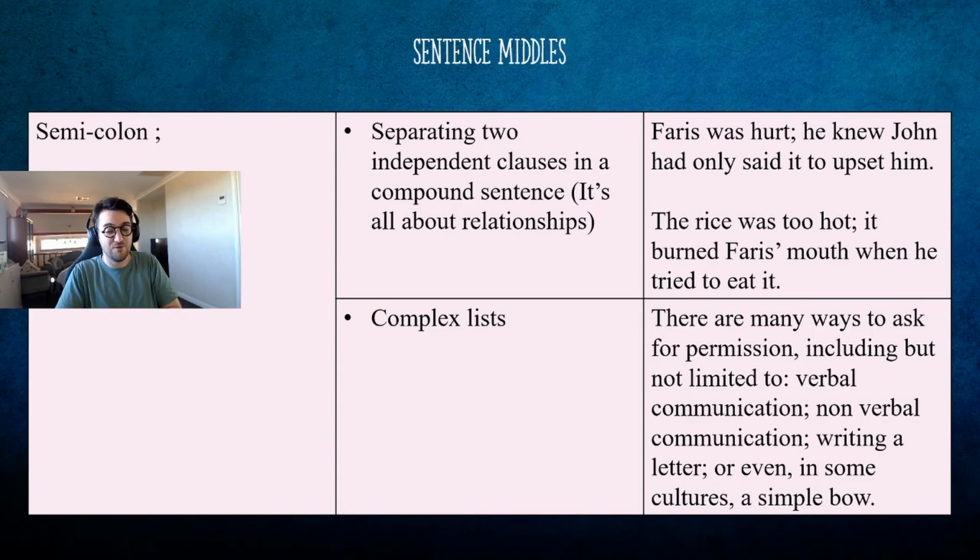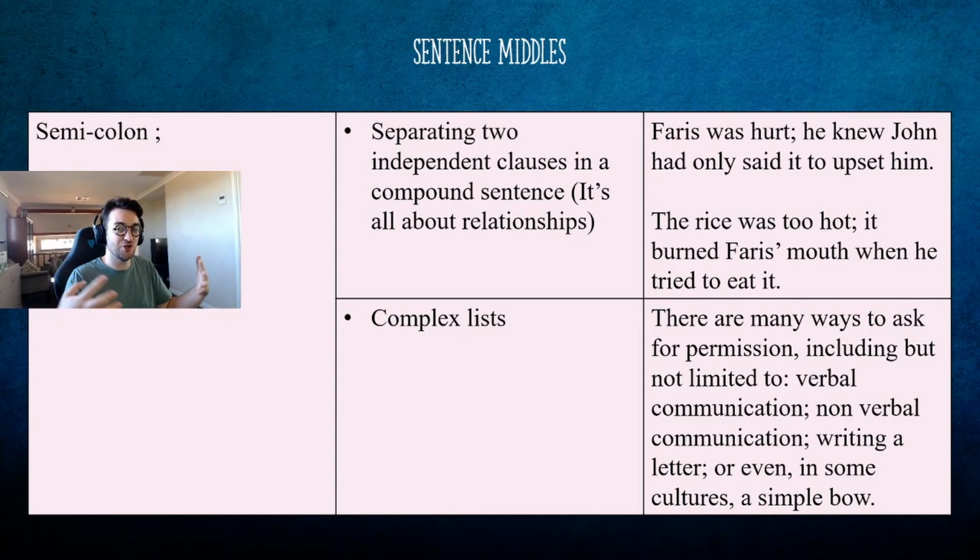So, for example, Faris was hurt; he knew John only said it to upset him. That would be an example of where I'd use a semicolon. Both of these sentences show two independent clauses. He knew John had only said it to upset him is an independent clause. Faris was hurt, independent clause.